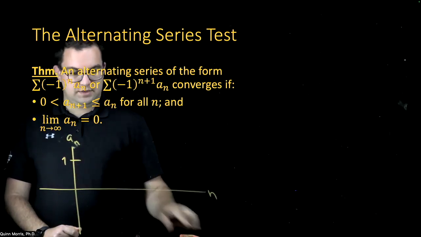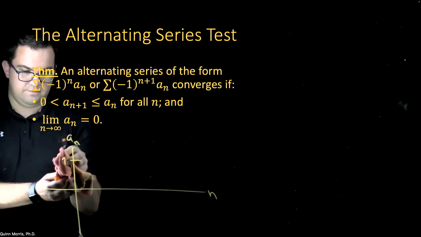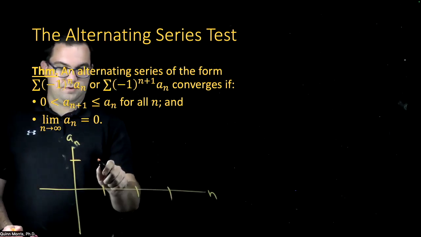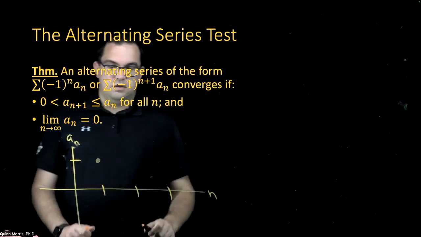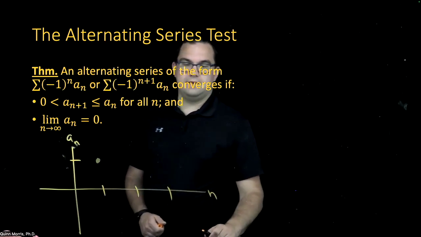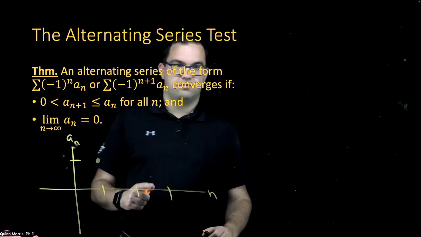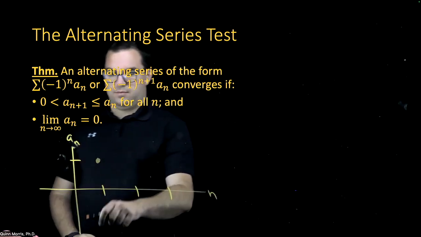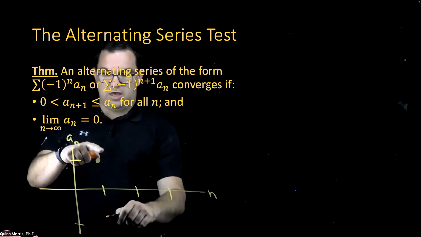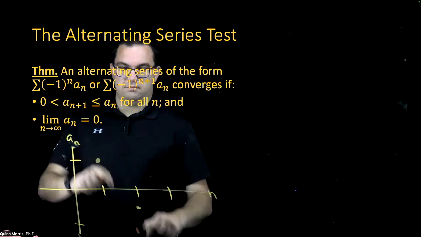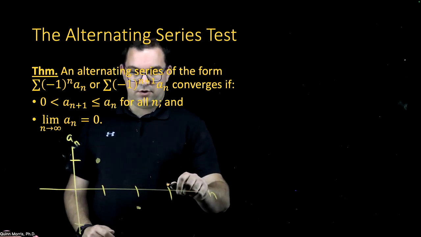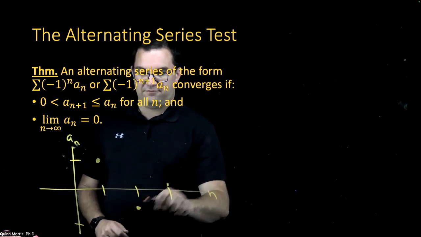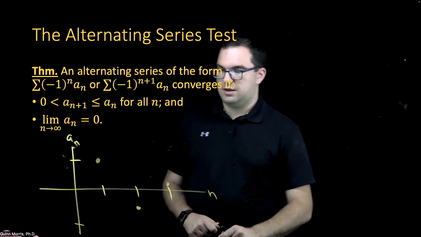So if the first one is positive, it's going to be up here somewhere. Now the second term is decreasing, but it's going to be negative. It's not going to be as far down as the first term was up. So it's going to be maybe here and then maybe here. Each time they're getting closer to the axis, but they're flip-flopping what side of the axis they're on.